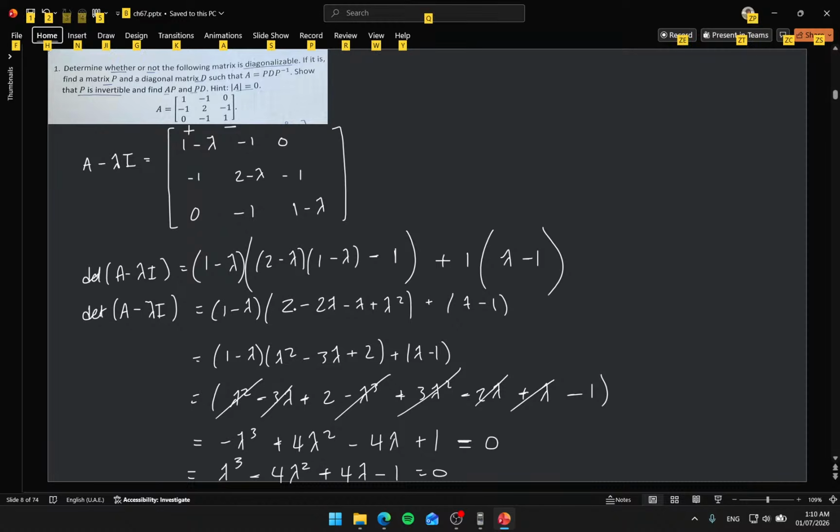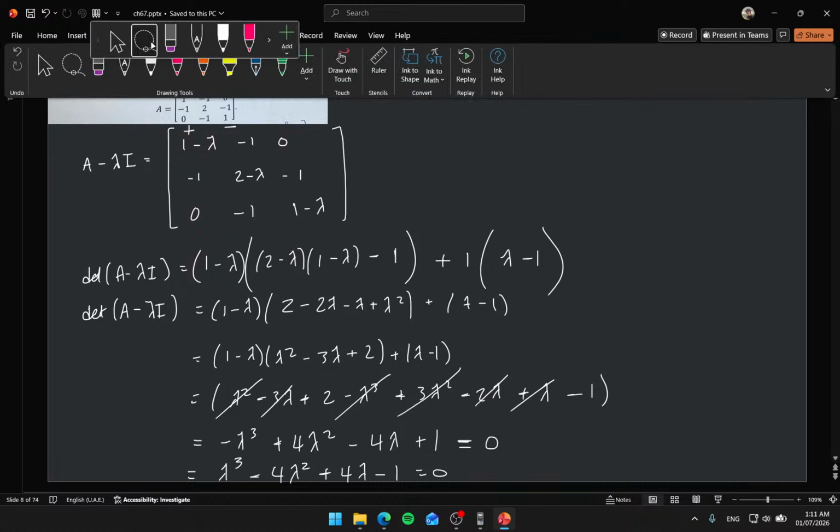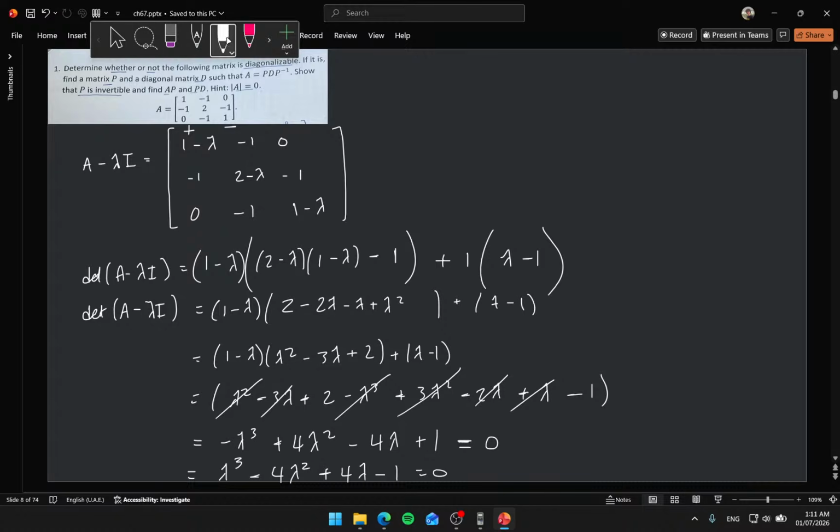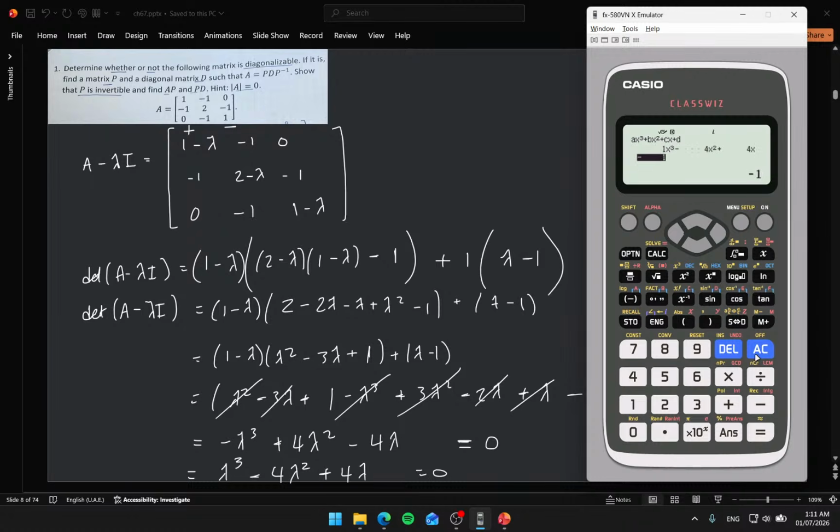Here it's 2 minus 2 lambda minus lambda plus lambda squared. Oh, I forgot the plus 1 here. For that small minus 1, it made such a difference. So that's 2 minus 1, which is 1. And 1 minus 1 is 0. So we don't have this term. Okay. Let's try again. Let's put 0 here.